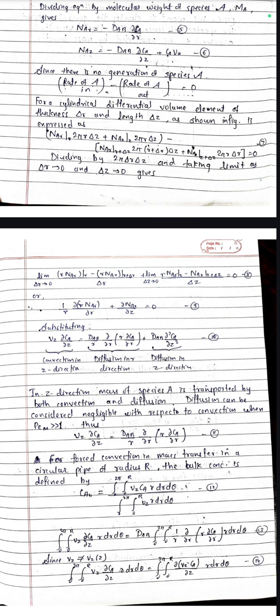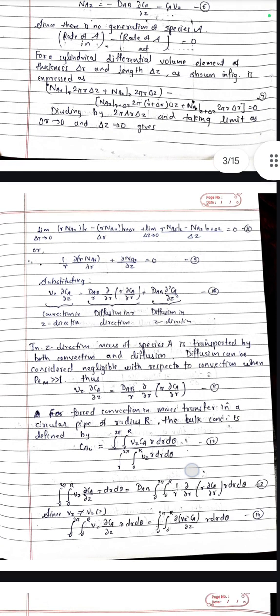Diffusion can be considered negligible with respect to convection when the Peclet number of mass transfer is much greater than 1. Thus, Vz del CA by del Z is equal to DAB by R del by del R of R del CA by del R. This is forced convection in mass transfer in a circular pipe of radius R.